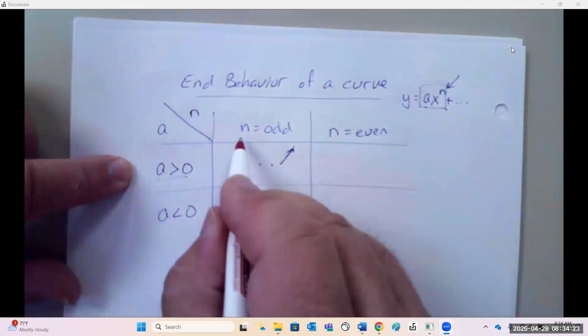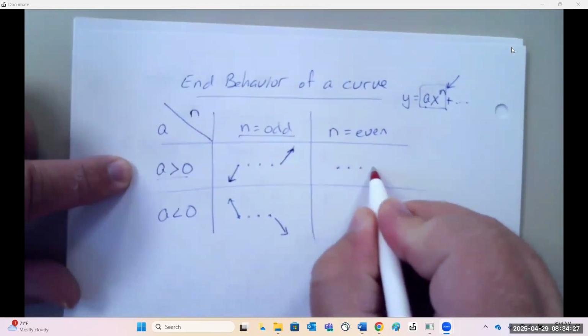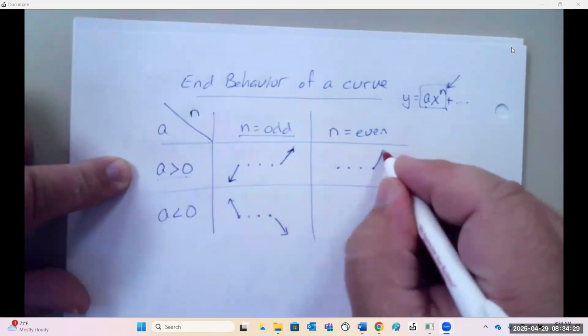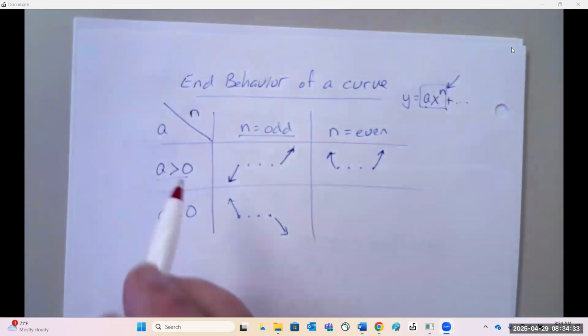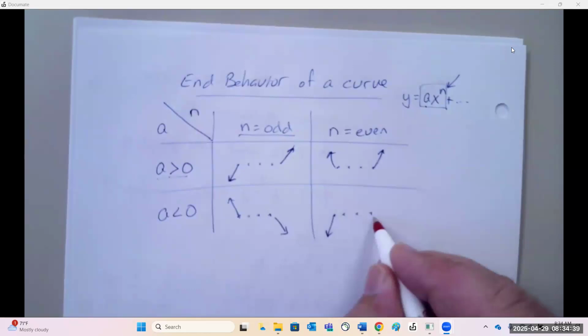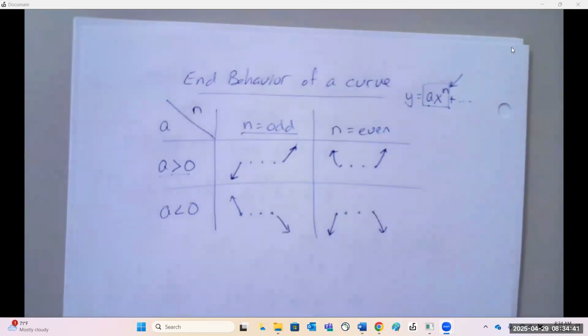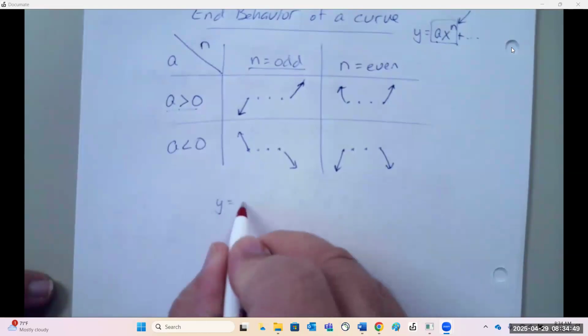So that's if n is odd. If n is even and a is positive, both ends point the same direction and they point up. This is an increasing function. If a is negative and n is even, we know this by looking at the first two polynomial functions in algebra.